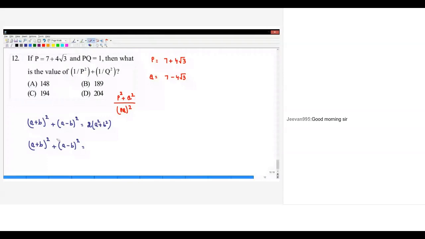If it is A plus B whole square minus A minus B whole square, then it is 4AB. Let's say it is 2 into A square, which is 49, plus B square, how much? 48. 97 twos are 194.